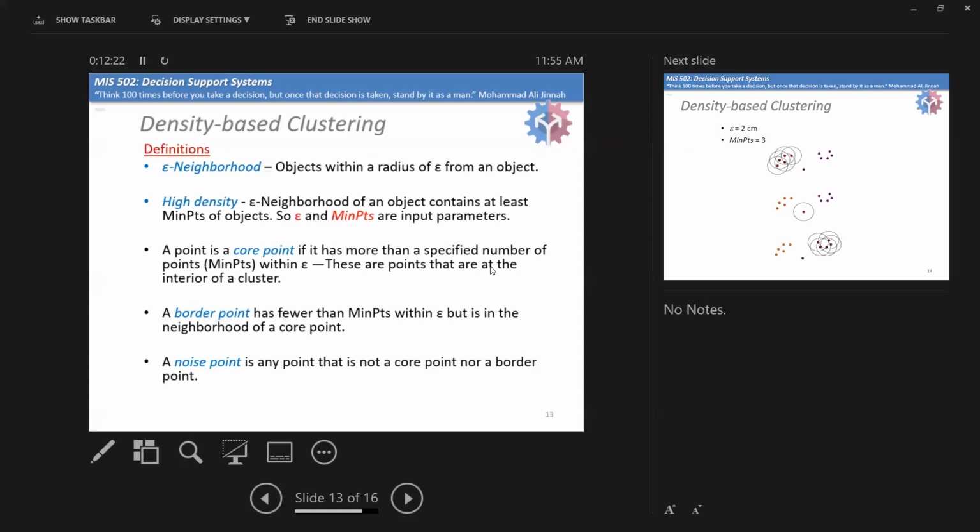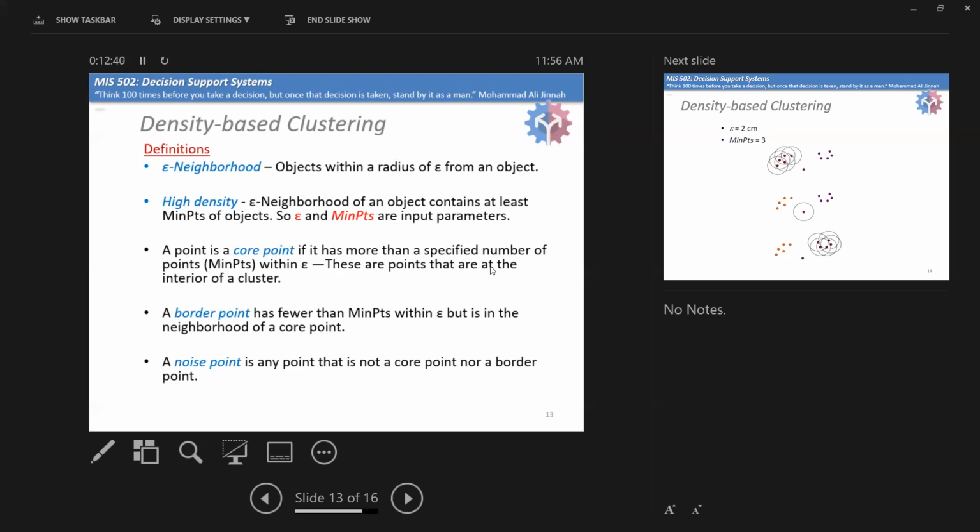So this epsilon and min points are what you call input parameters that you have to decide before running the algorithm. Again, you know where these parameters are coming from, right? These parameters are coming from the domain experts.